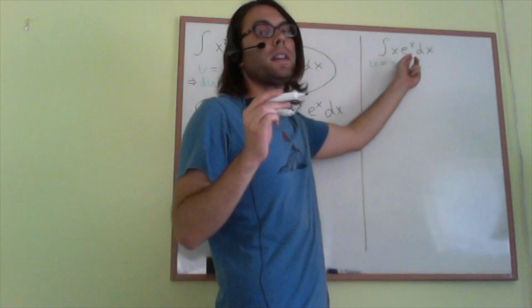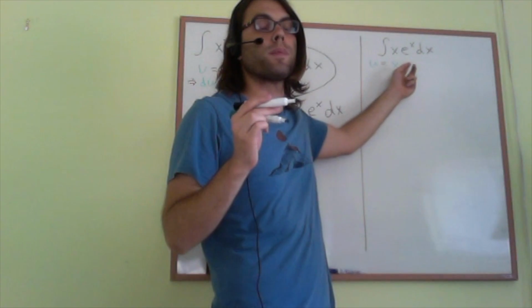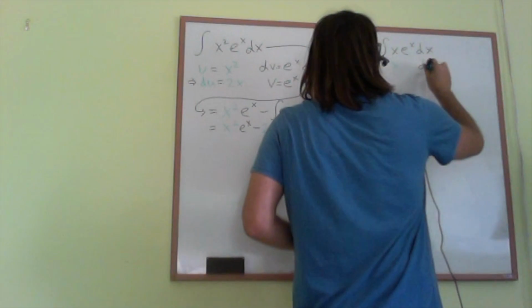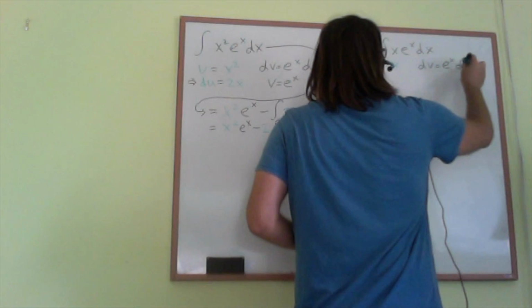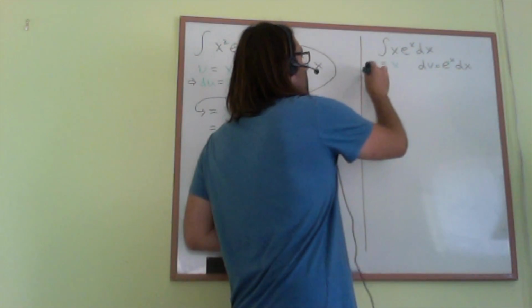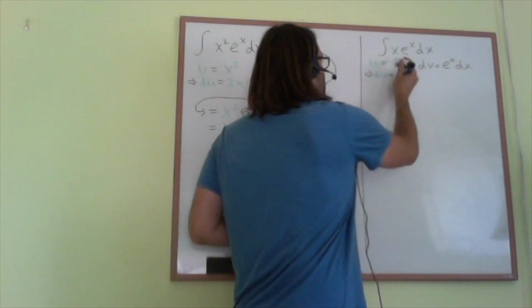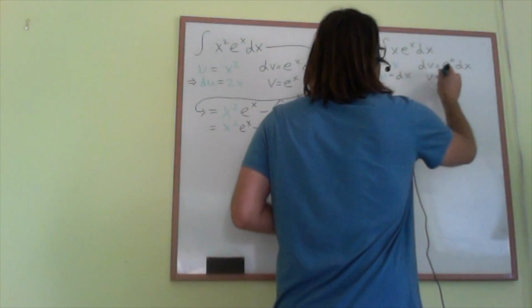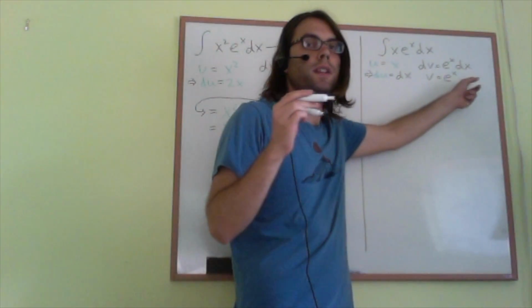And because e to the x doesn't become any more complicated when we integrate, e to the x dx is going to be our dv. Now this implies that du is equal to dx and v is equal to e to the x. Again, any c will do, so might as well choose the easiest.